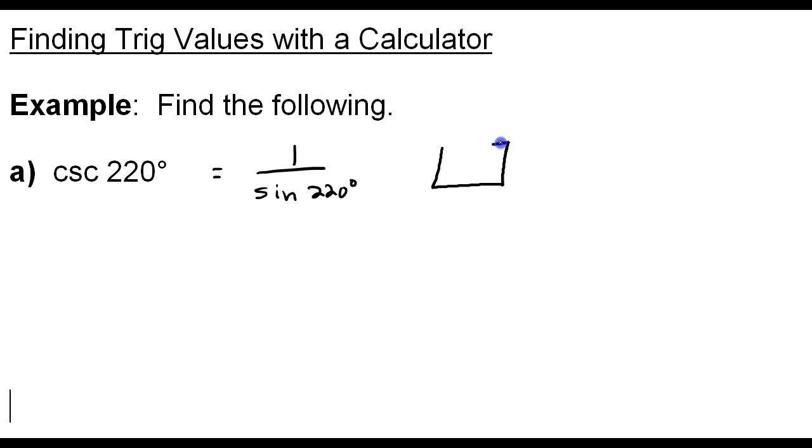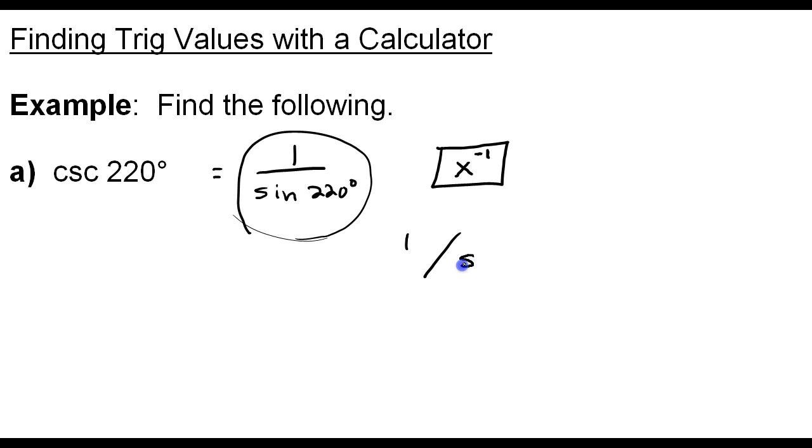There is either a button on your calculator that says x to the negative 1. That will take the quantity and find its reciprocal. Or you can take this answer and take 1 divided by the sine of 220 degrees.